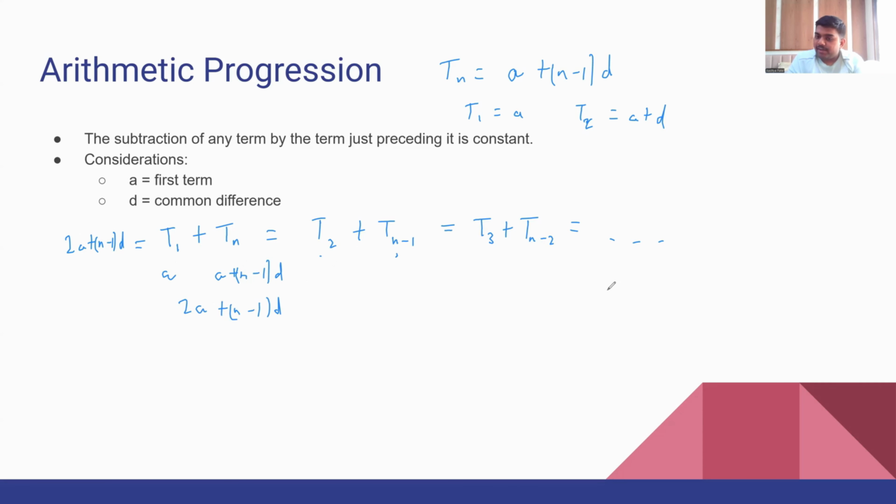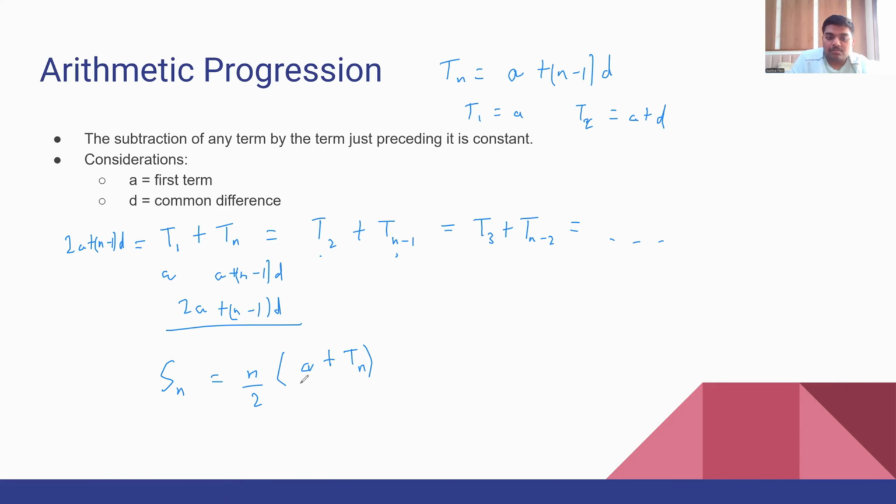So the summation will be equal to 2A plus (n minus 1) into D. Now, do you remember where did you see this? Yes, it was present in the sum of first n terms. So that is the second property, which is Sn is equal to n by 2 into (A plus Tn).